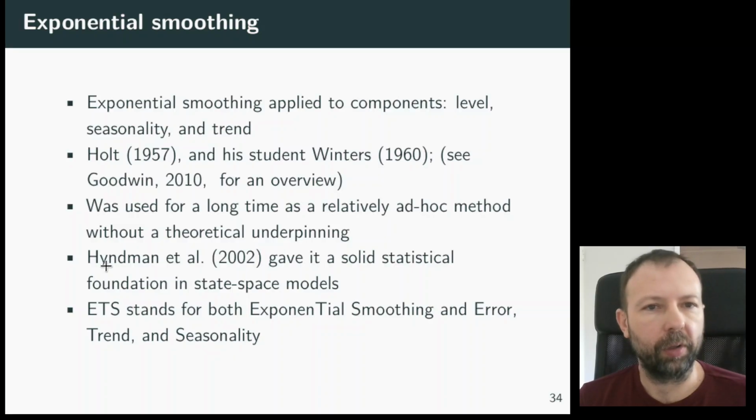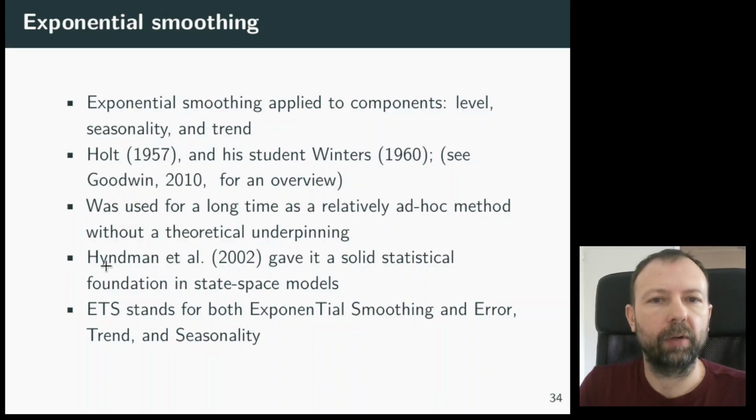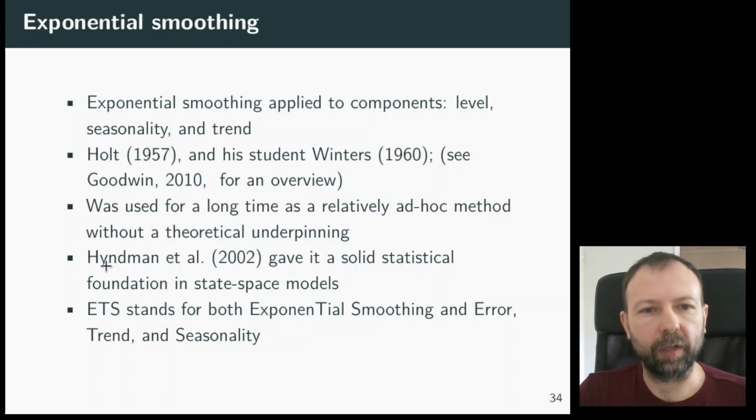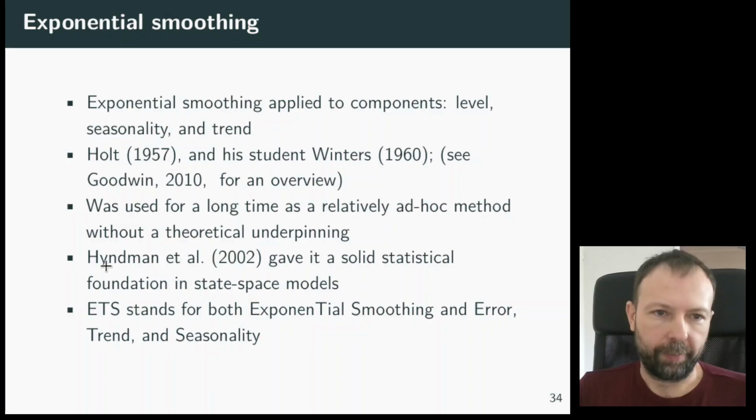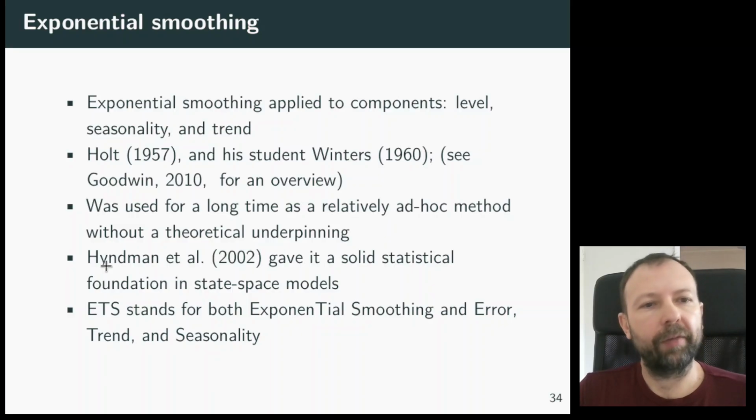That's why it's often called the Holt-Winters method. And it was used for a long time as a relatively ad hoc method without a theoretical underpinning. And then Hyndman et al. in 2002 gave it a solid statistical foundation in state space models. And since then, we have this abbreviation ETS that stands both for exponential smoothing and for error, trend, and seasonality, which are these components that ETS extracts.